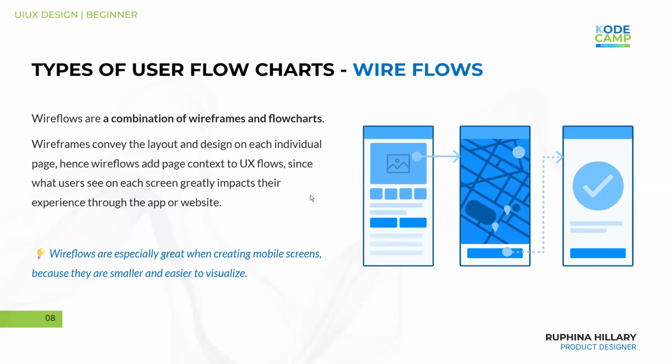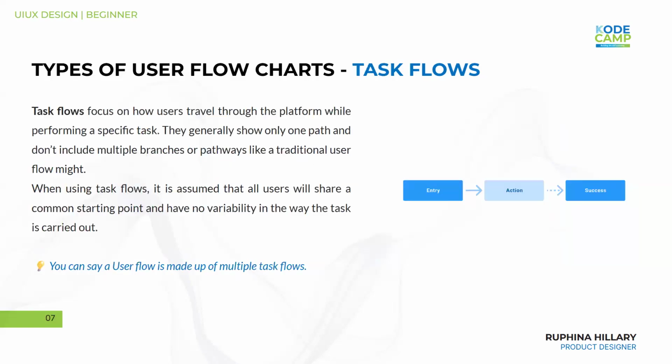That's why we usually prefer wire flows for creating mobile screens, because the screen is smaller and easier to visualize compared to desktop screens. Because if we're creating wire flows of a desktop application, we would waste too much time pondering on the details rather than the whole general solution. So the task flow is usually preferred.